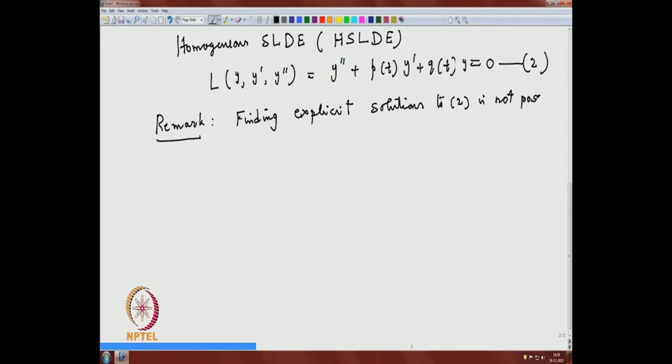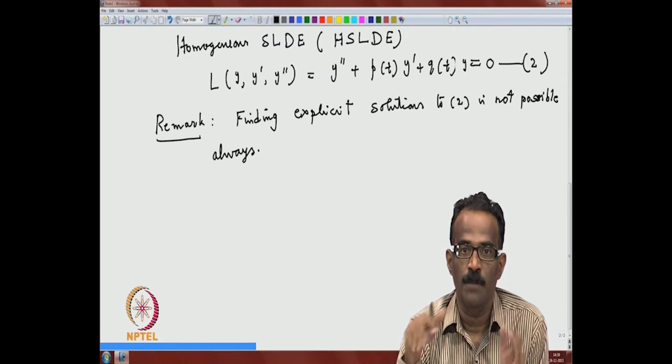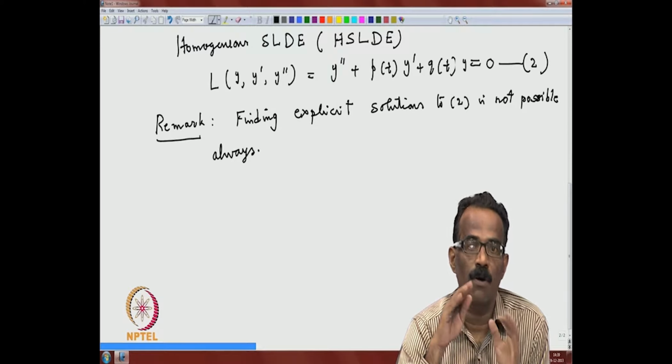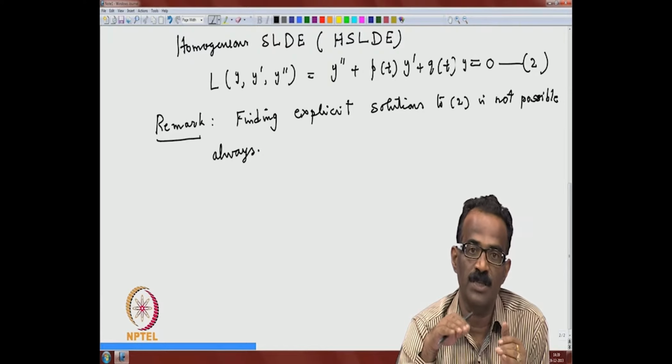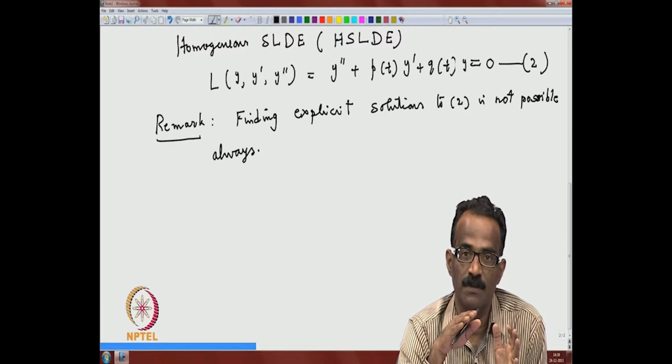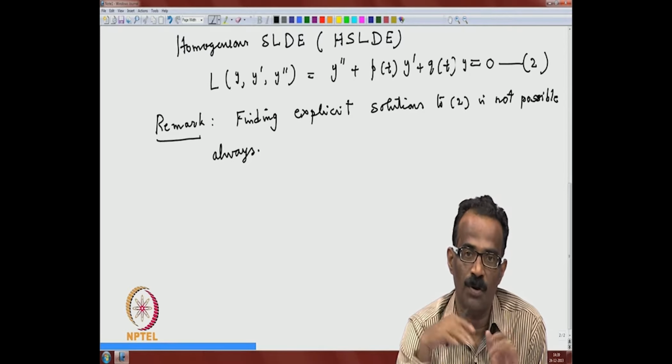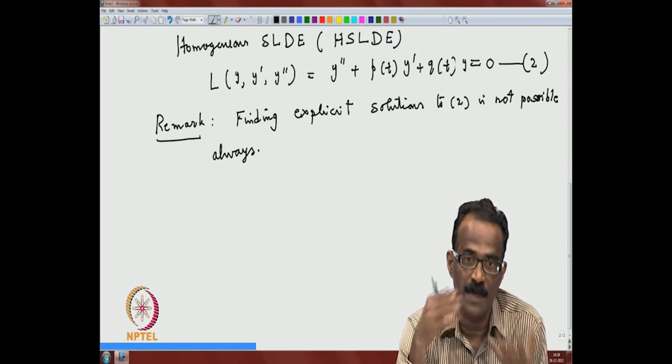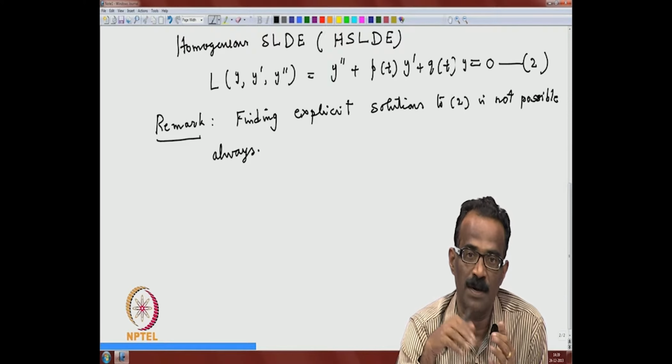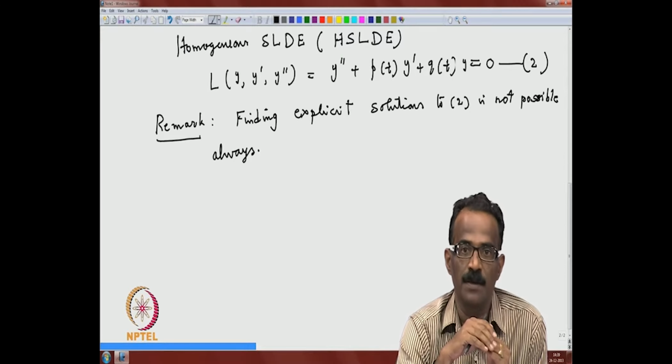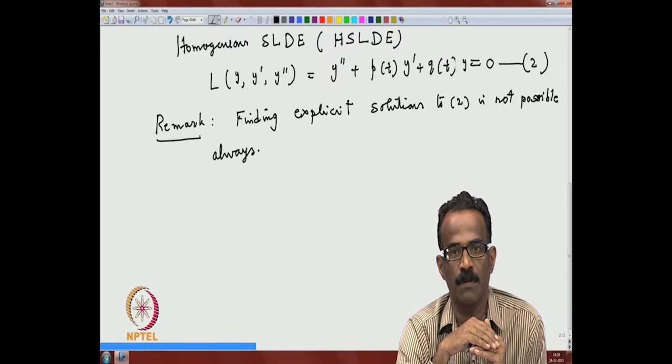This was not the situation in first order equations. There is no general recipe to solve these equations with general p and q. But when p and q are constants, such equations are known as second order equations with constant coefficients, which you already saw in module 1 with the spring mass dashpot system and RLC circuit. For that we will have an explicit method of solving.